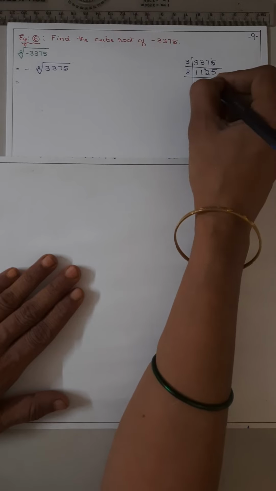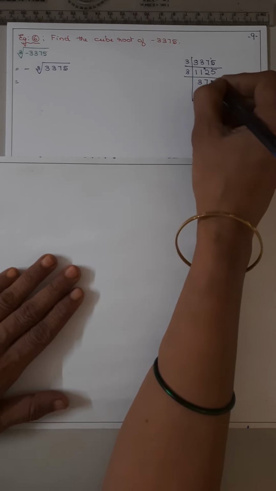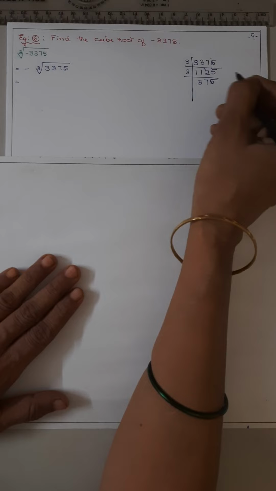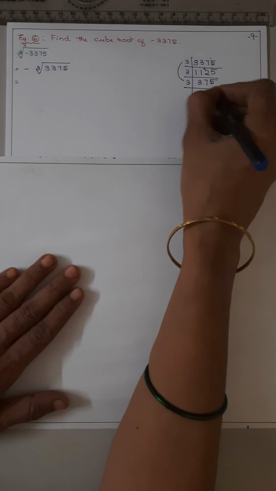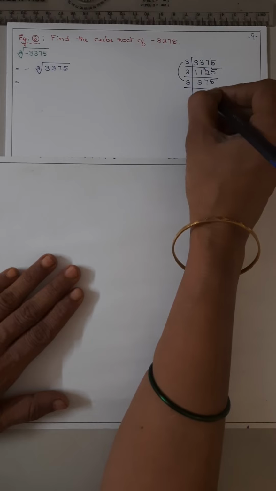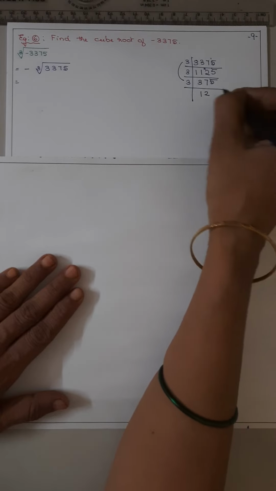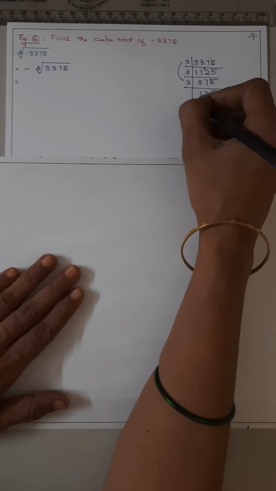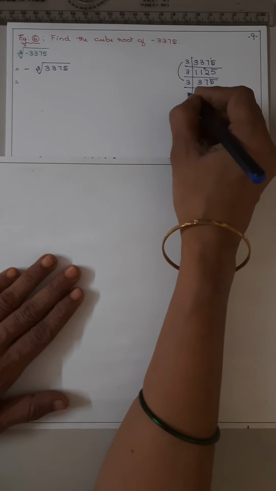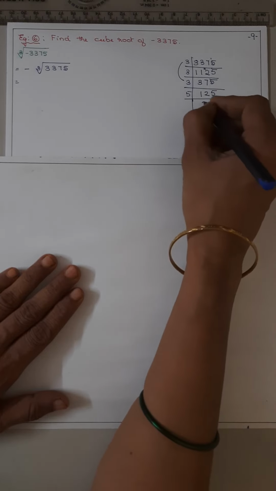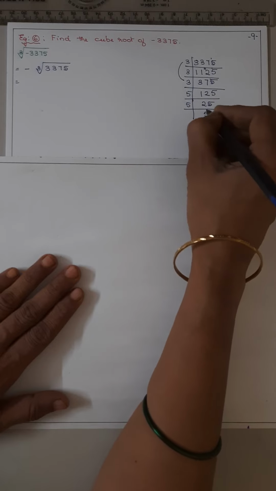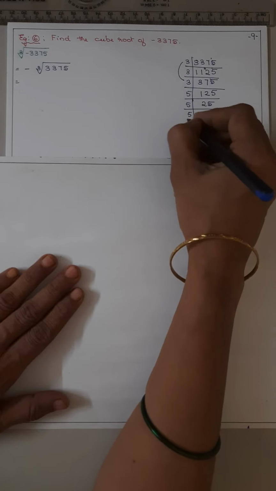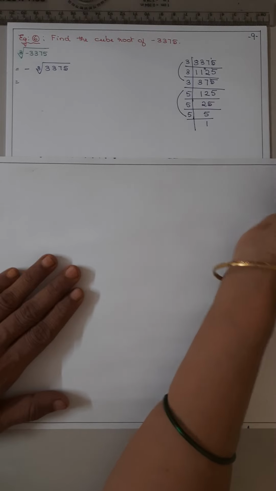Now 3 7s are 21, 1 remains, 3 5s are 15. 10, 15, again 3. 3 1s are 3, 3 2s are 6, 1 remains, 3 5s are 15. You know 125 is the cube of 5. So directly you write 5 25s are 125, 5 5s are 25, 5 1s are 5.